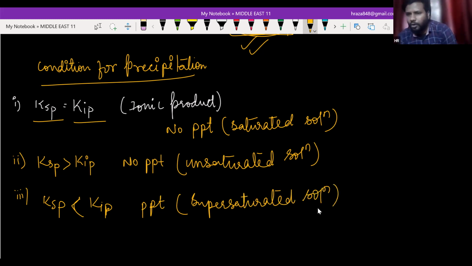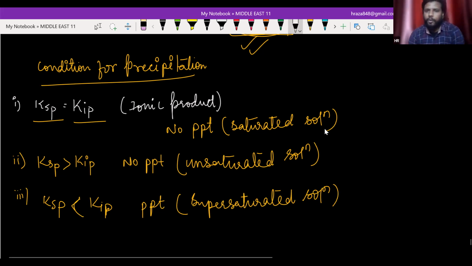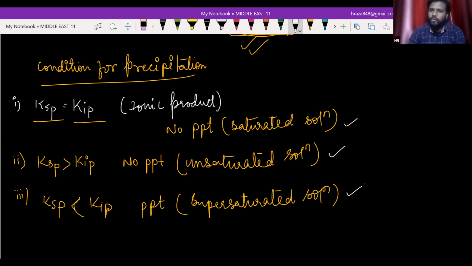In the starting of solubility, I explained about a saturated solution in which no more solute can be added, an unsaturated solution in which more solute can be dissolved, and a supersaturated solution in which precipitate will be formed. Is this clear?